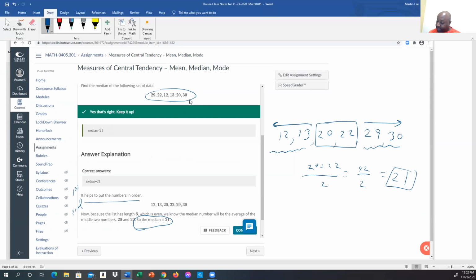And so that is how you find the median if you're given a set of data. Okay. I'm going to erase this and go to the next problem.